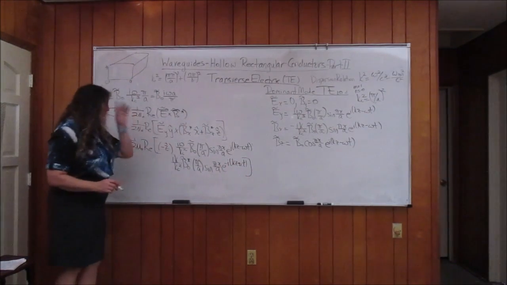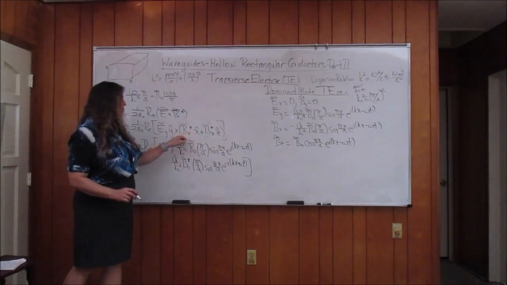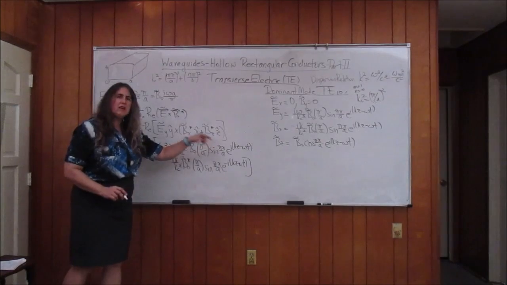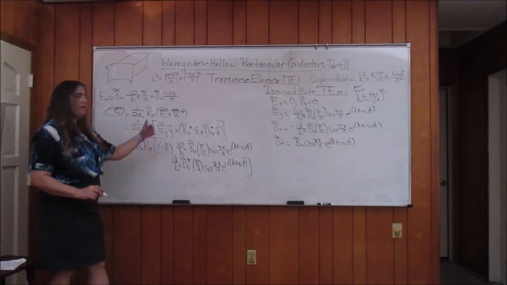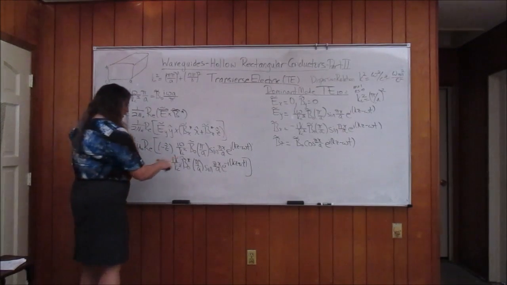And you see from this, this is going to be a real number. And if you went through and wrote everything out for the y cross z term, that's going to be pure imaginary. So take the real part of something that's pure imaginary. Of course, that contributes nothing here.